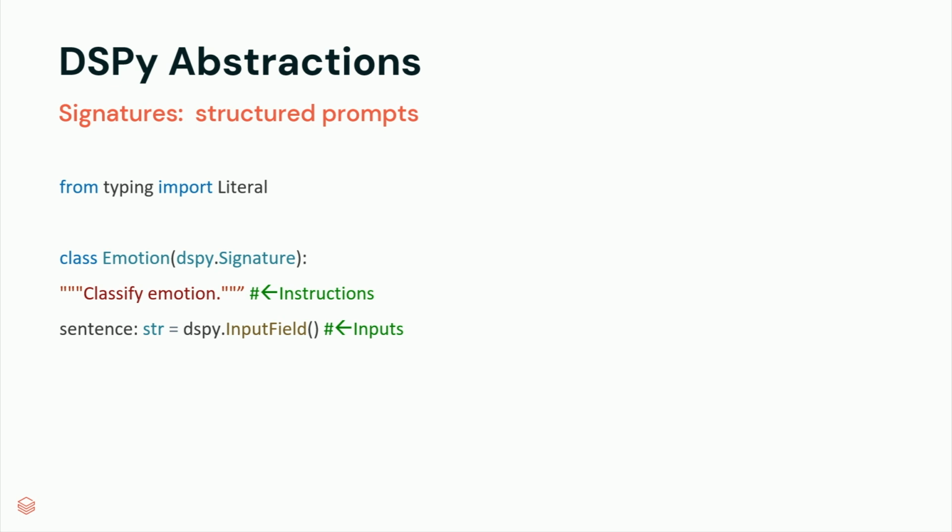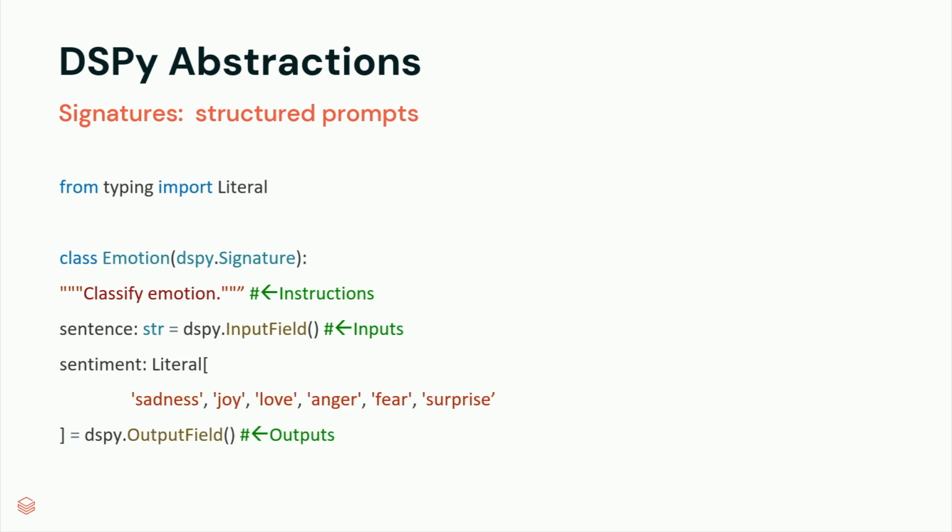And then you define your outputs. And it's very handy. As you can see, I can define my output with the type literal with the predefined emotions that I want to classify. So this is exactly the same that I showed you before with the very succinct sentence, but in a programmatic way. And now you have defined in a structured way your main intention.